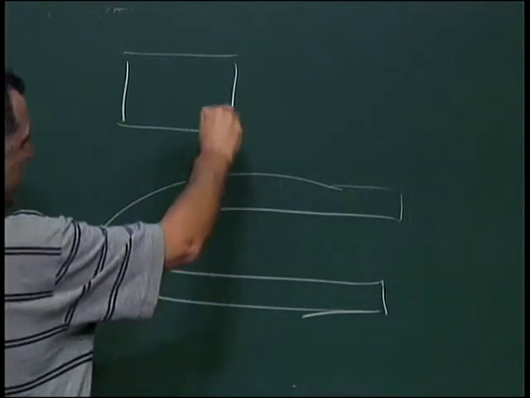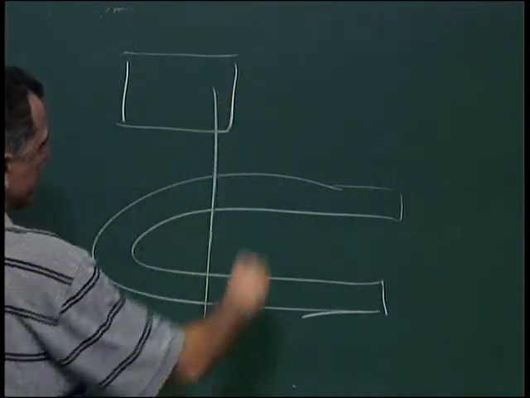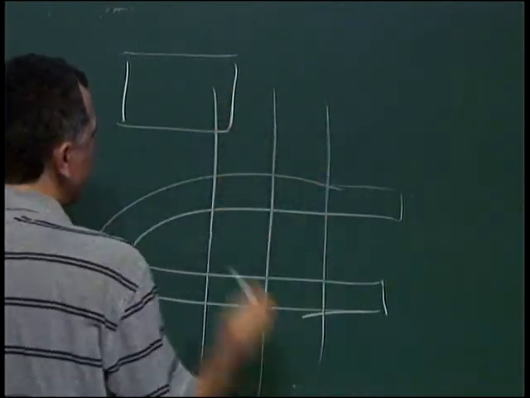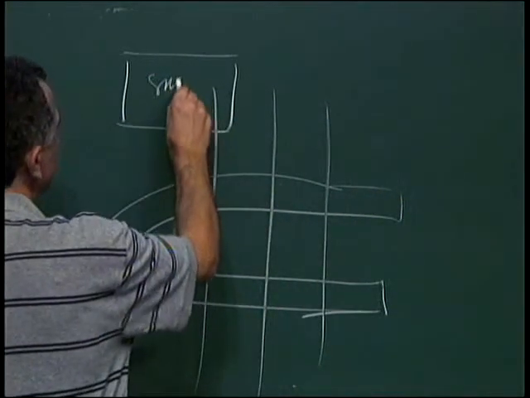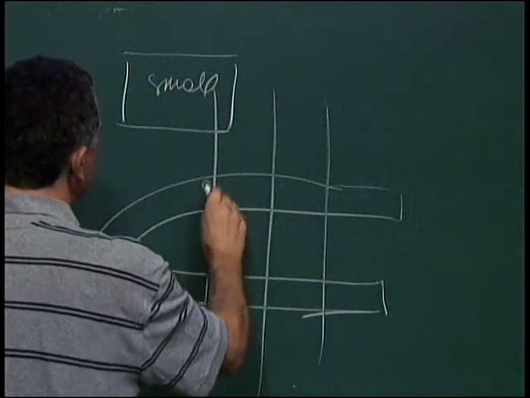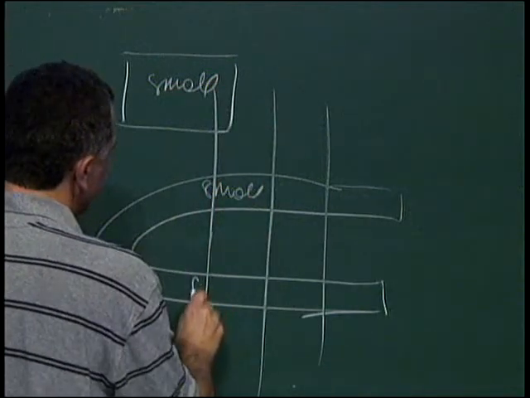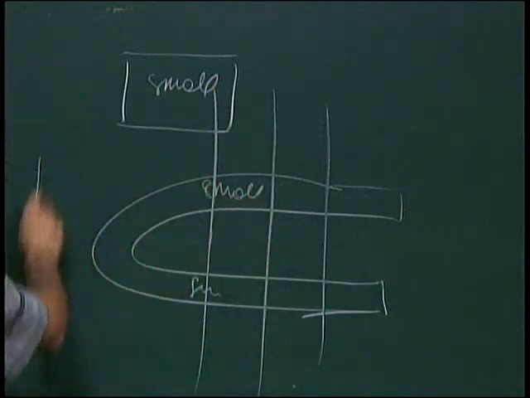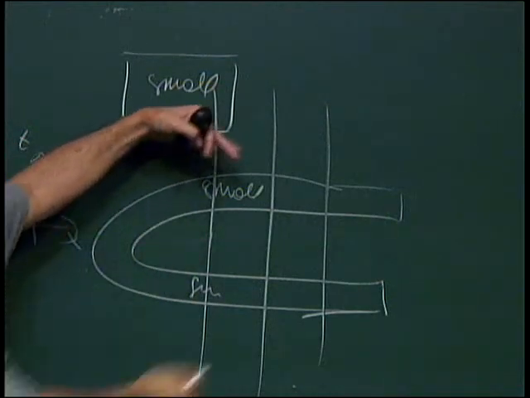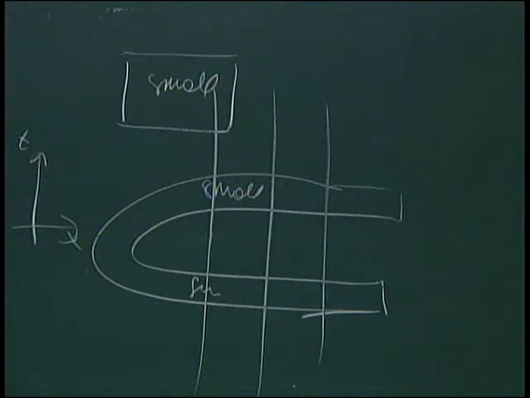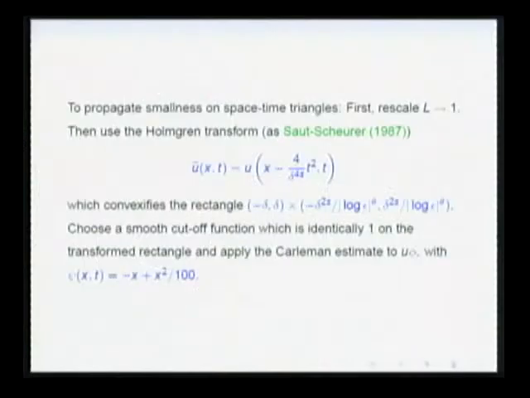And then you use the weights, which are approximately linear, and then you can propagate smallness horizontally. So instead of the function being small here, you have it small here. And now it's easier. This is space-time, right? Now it's easier to believe that smallness propagates inside, as soon as you convexify. So this is the transformation. Happily, it preserves the equation.